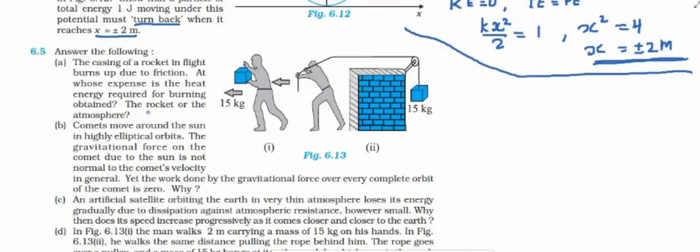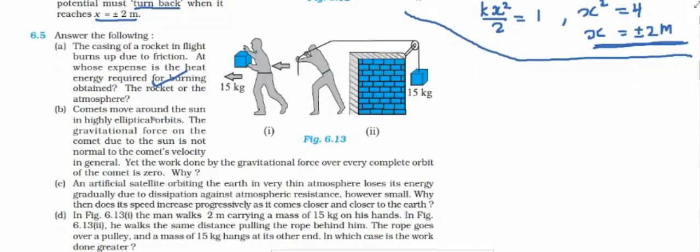You can take the same concept here also. Who is doing the work here? The rocket is doing the work to overcome air friction in the atmosphere. The work done by the rocket is converted into heat energy due to friction. Therefore, the answer is rocket.